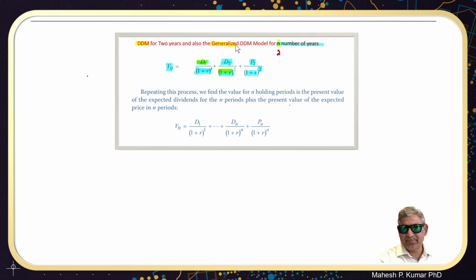We can generalize it for n years: the intrinsic value today would be the discounting of all the dividends for all the n years plus the terminal value at the end of the nth year. This is the generalized dividend discount model.